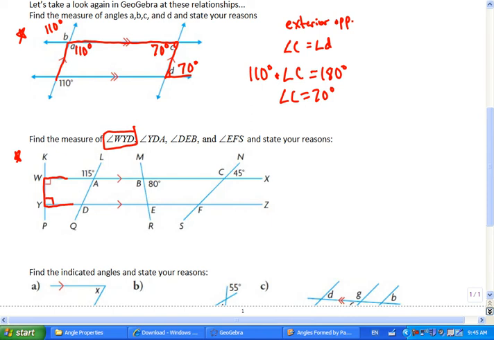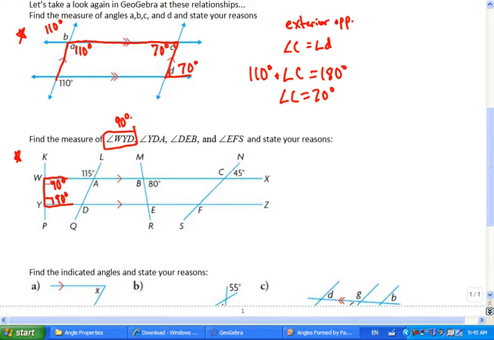Angles for an F are the same. Yeah, because you can draw a C that looks like this, right? And those two angles here are not the same. So they have to add up to 180. So 90 plus 90 gives me 180. Okay, so that one, yep, it's 90 degrees.